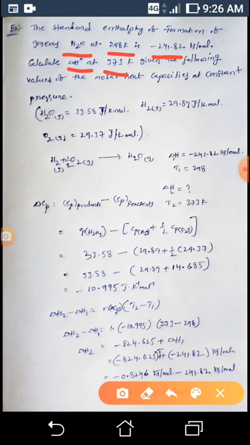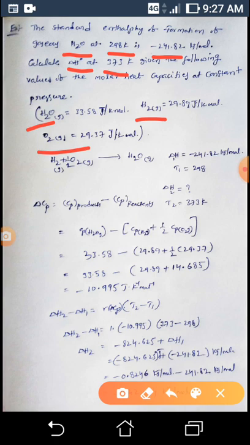Given the following molar heat capacities at constant pressure: Cp of H2O is 33.58, Cp of H2 is 29.89, Cp of O2 is 29.37. Now H2 plus half O2 gas gives H2O gas. This is the reaction for formation of a water molecule in gaseous state.